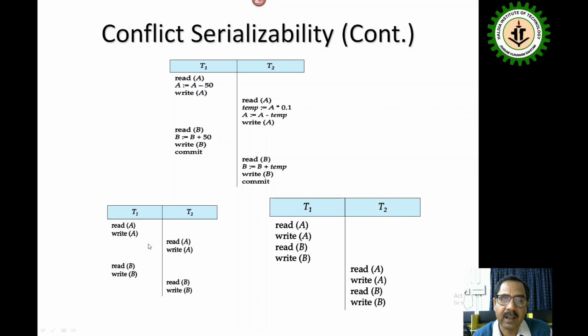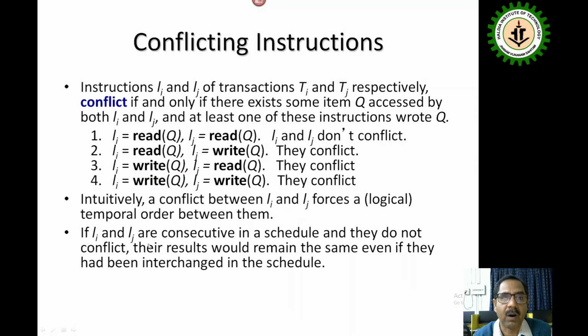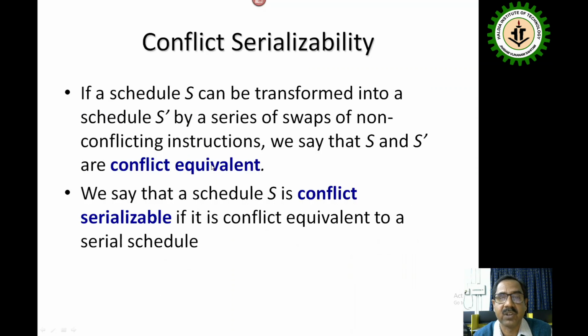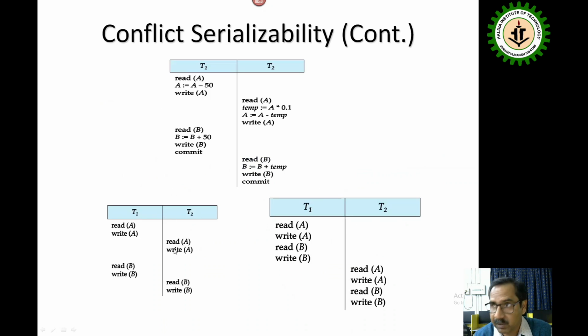According to the rule, non-conflicting instructions we can swap; conflicting instructions cannot be swapped. So based on this rule, after swapping, this non-serial interleaved schedule is transformed to a serial schedule.